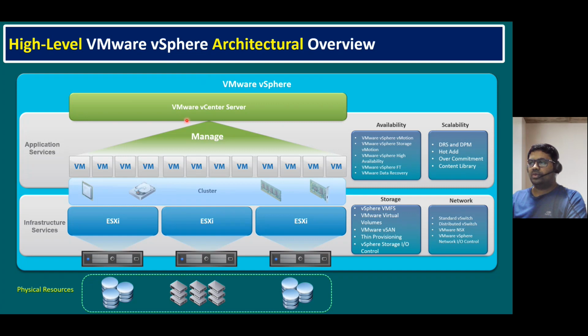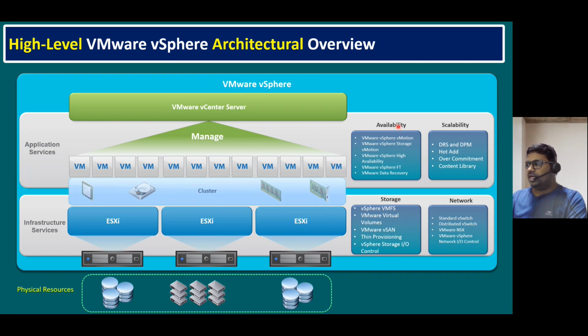That management tool is called VMware vCenter Server. Using vCenter Server, we can manage all our virtual machines and ESXi hosts, and we can also configure the vCenter level features. One of the key features is configuring the vCenter clusters. When we enable vCenter cluster features, it provides some additional features like HA, DRS, fault tolerance, and so on.